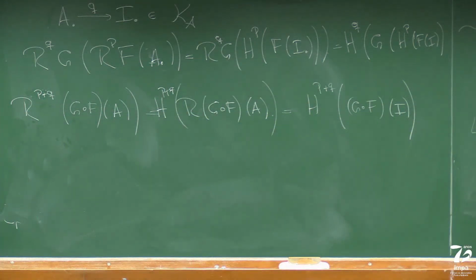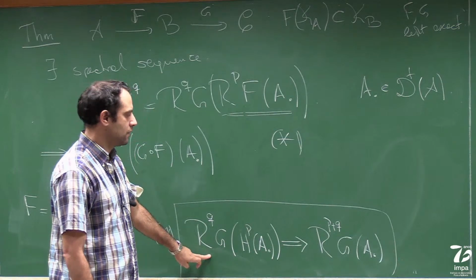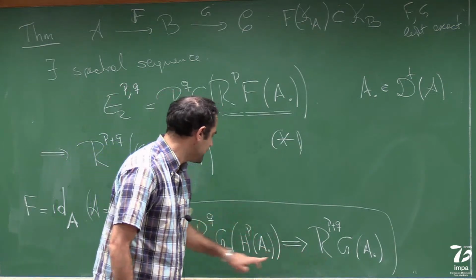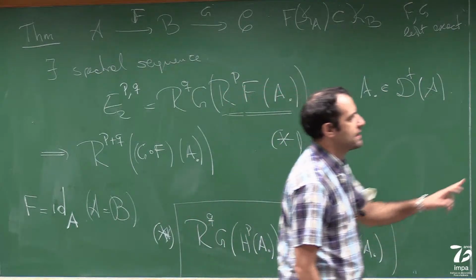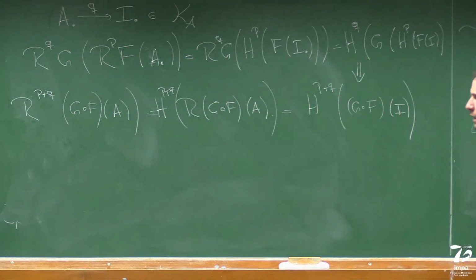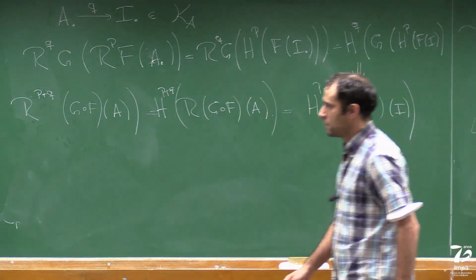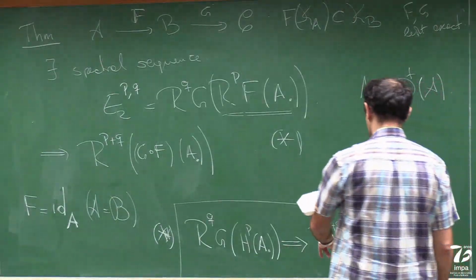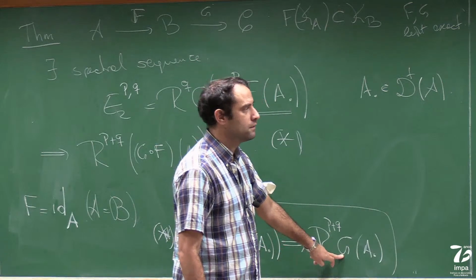And now I claim that, since we had this guy here, this guy holds implies that this guy holds. So both of these things are of the same form. This thing here is the (p+q) homology of G applied to something.